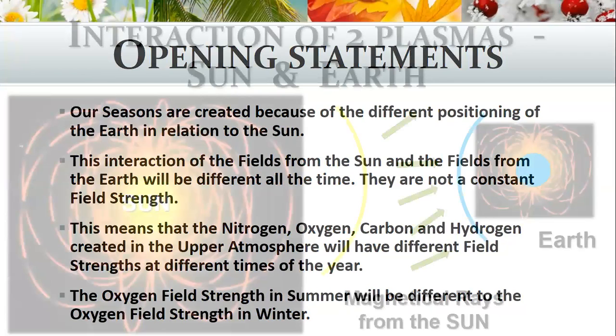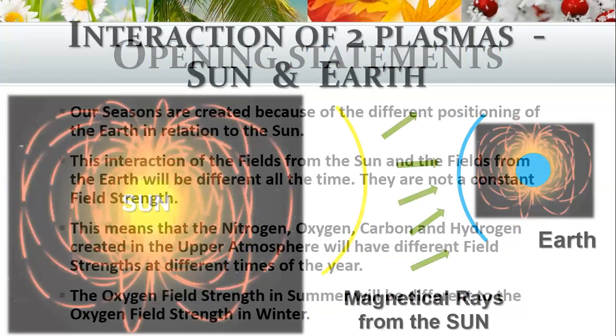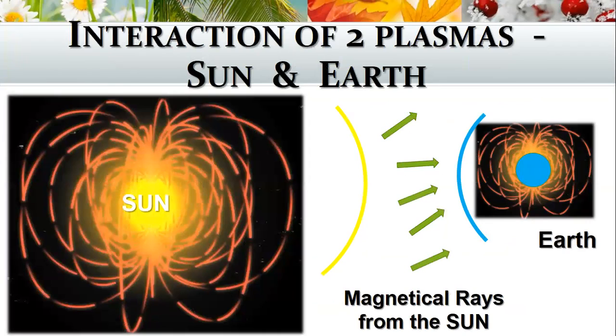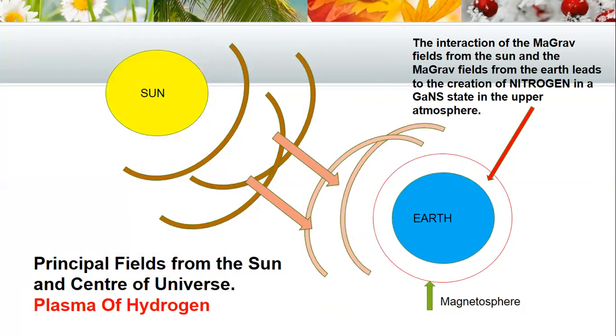All right, so to recap, we have the interaction of the two plasmas, which is essentially the sun and the earth, and the magnetical rays that are given off from the sun and our universe, and these interact with the earth's fields, leading to the creation of our nitrogen for this planet.